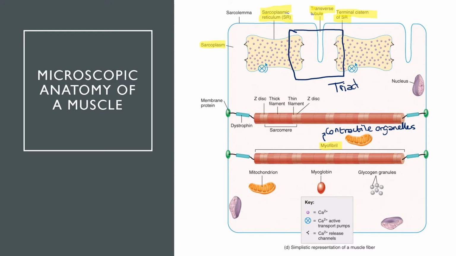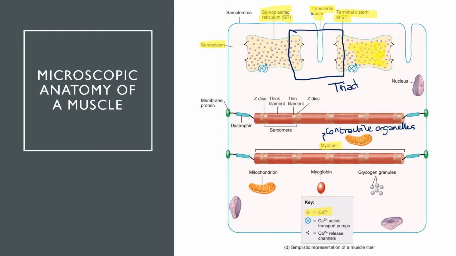In a relaxed muscle fiber, the sarcoplasmic reticulum stores calcium ions. As we can see from this key down here, the calcium ions are these little purple circles, and the sarcoplasmic reticulum is full of them. So this is in a relaxed muscle fiber: calcium is stored within the sarcoplasmic reticulum.